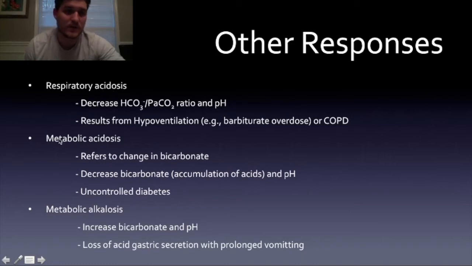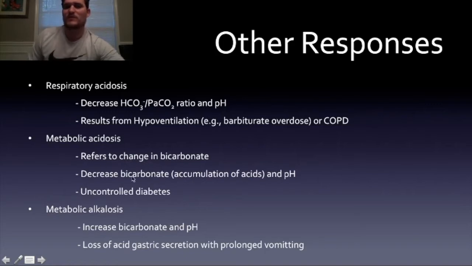We could also have compensated respiratory alkalosis, which is going to result in metabolic acidosis, trying to increase the acidity of the blood. But let's say you have a condition like uncontrolled diabetes, where you could have excessive excretion of bicarbonate.